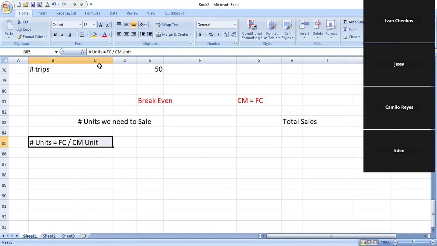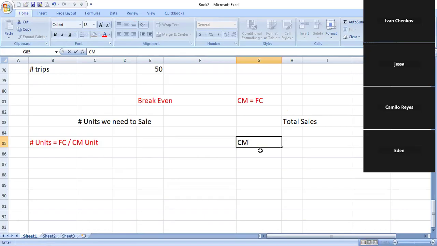And that was the first formula that we came up with today. So now let's see how much my total sales should be in order to cover my fixed cost. The starting point for the formula will be contribution margin equal to the fixed cost. We already know that.